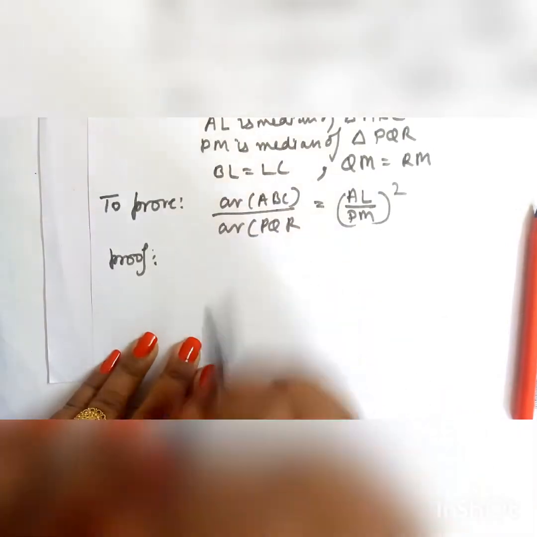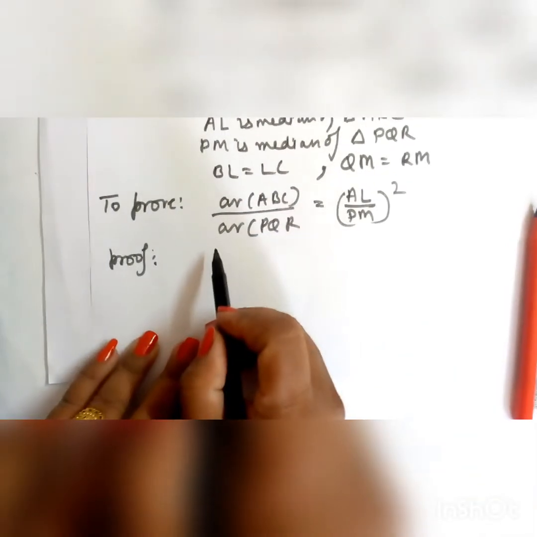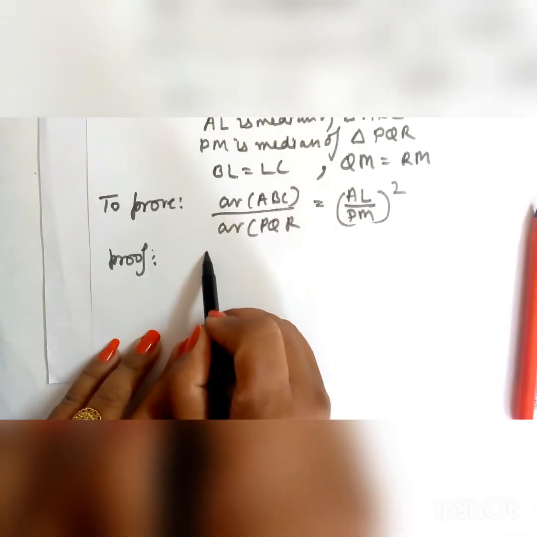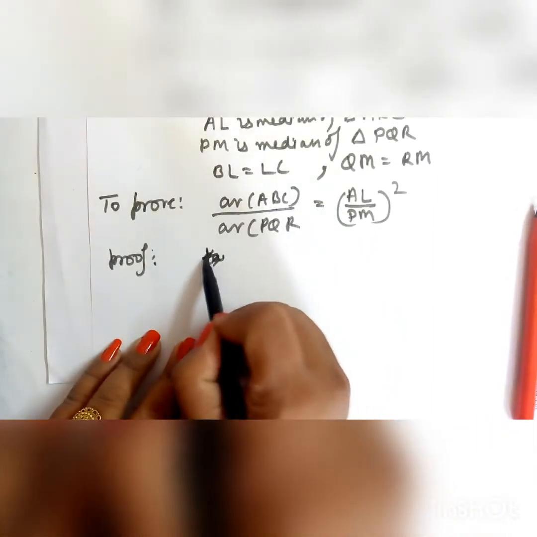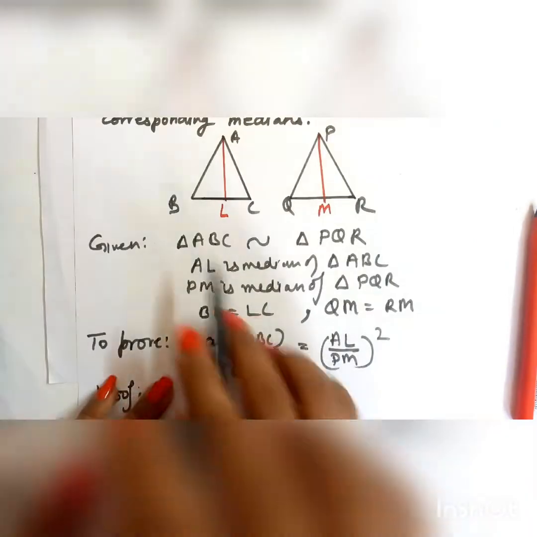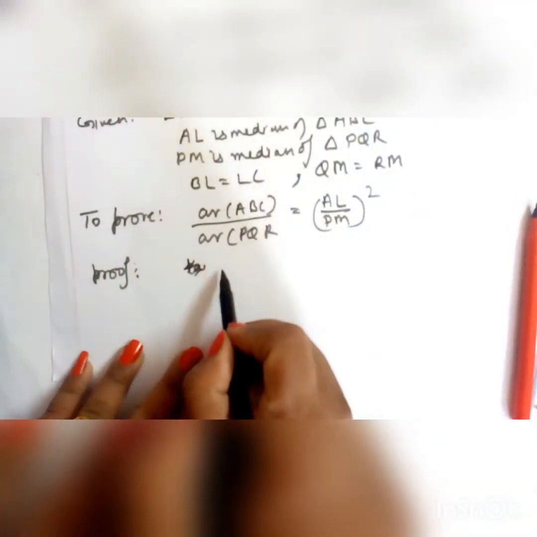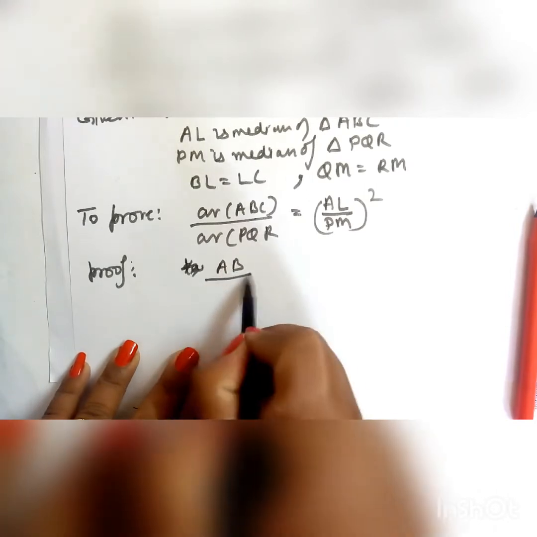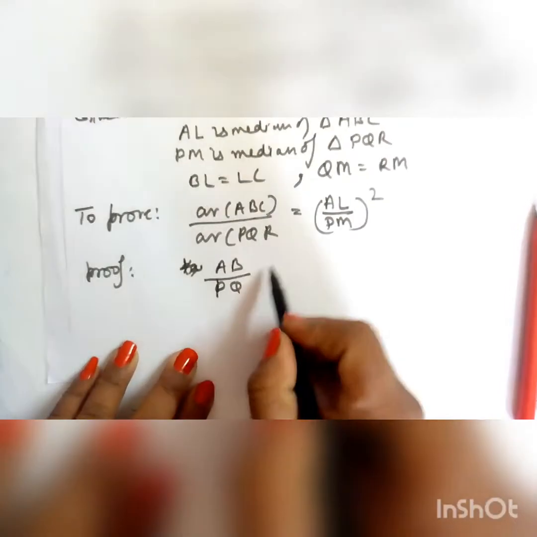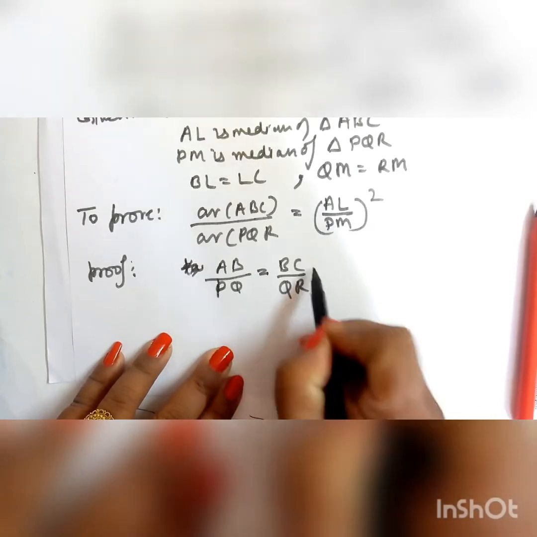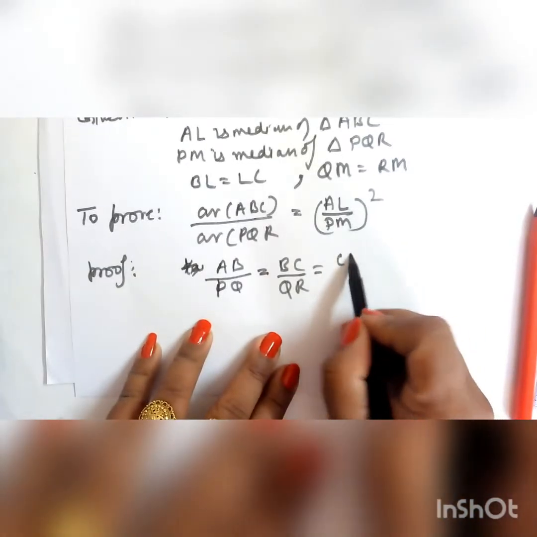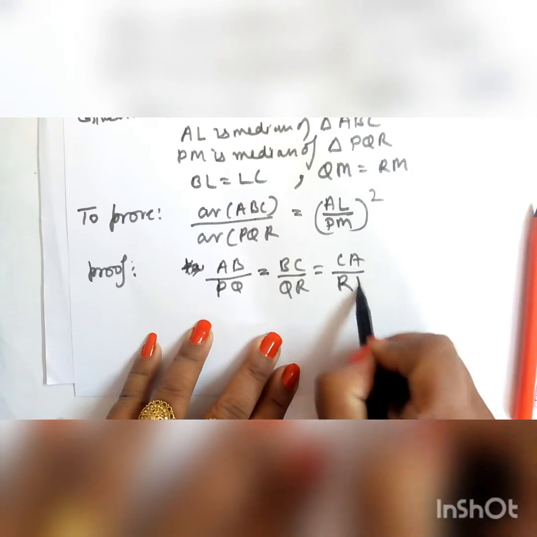See, what we are going to do, first of all, we need to write one more thing, that is, since triangle ABC is similar to triangle PQR, it means AB upon PQ is equal to BC upon QR is equal to CA upon RP.